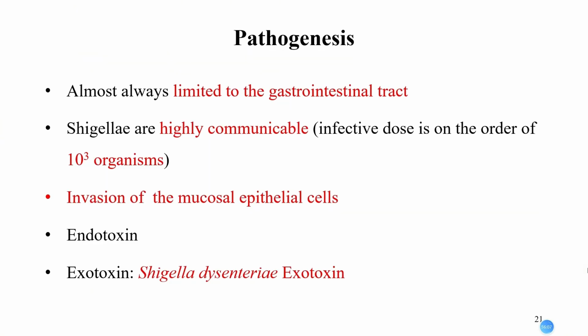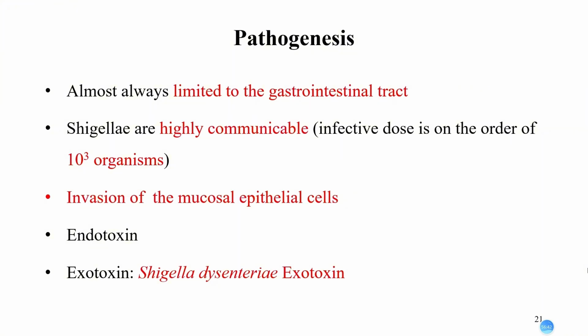Okay, we are talking about the Shigella infection. Here is the pathogenesis of Shigella infection. Shigella infection is almost always limited to the gastrointestinal tract. So it does not cause infection in other parts of our body. And Shigella infection is highly communicable.